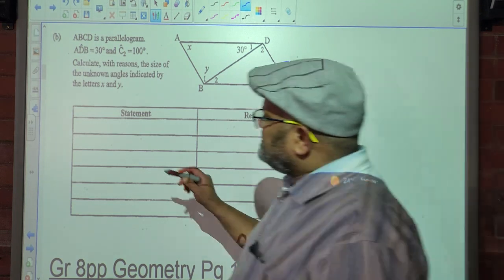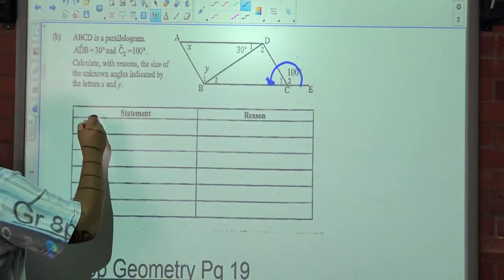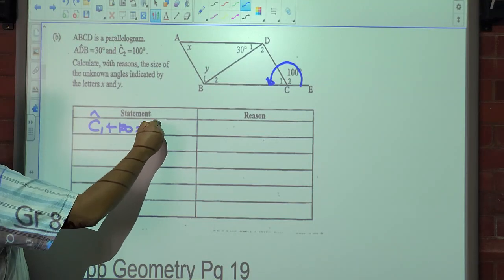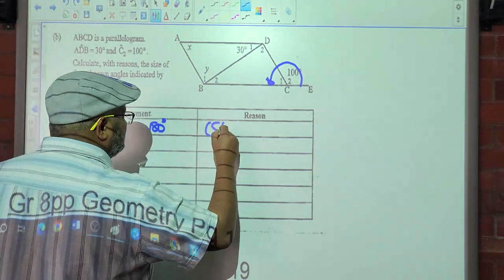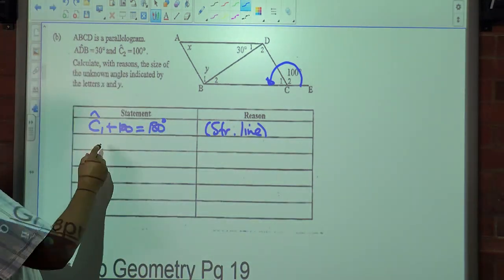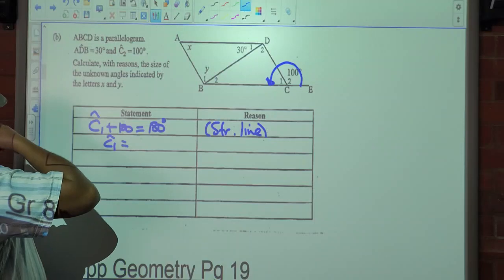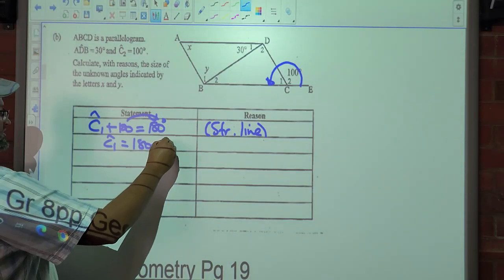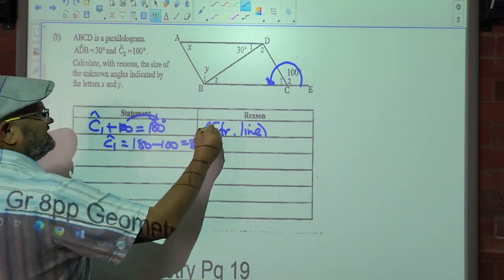So we know that angle C1 plus 100 degrees equals 180. Why? Angles on a straight line. So angle C1 works out to be 180 minus 100, which is 80 degrees.